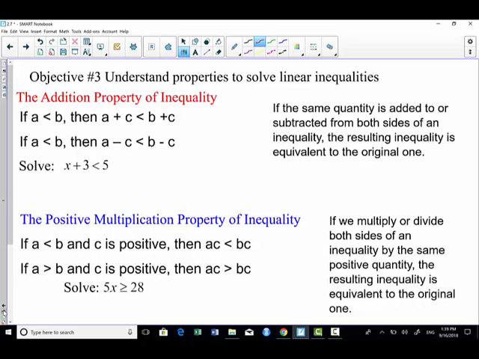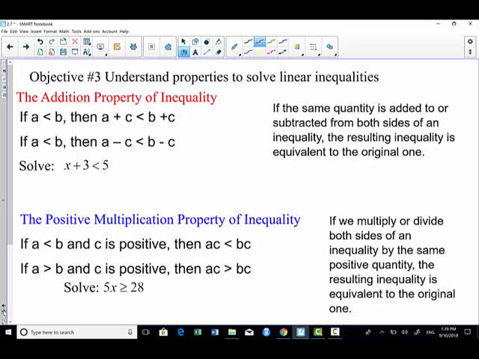The addition property says if the same quantity is added to or subtracted from both sides of an inequality, the resulting inequality is equivalent to the original one. Mathematically, you can say if a less than b, then a plus c less than b plus c. If a less than b, then a minus c less than b minus c.